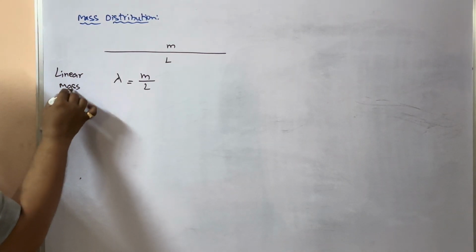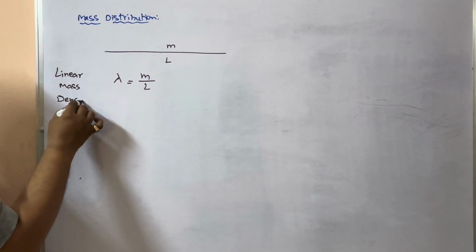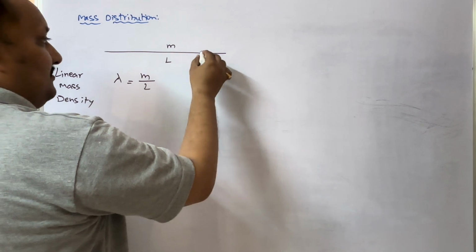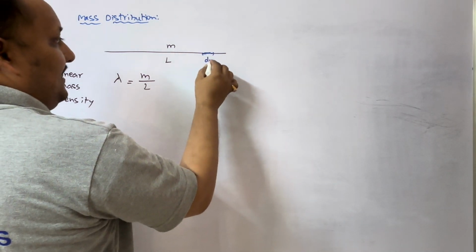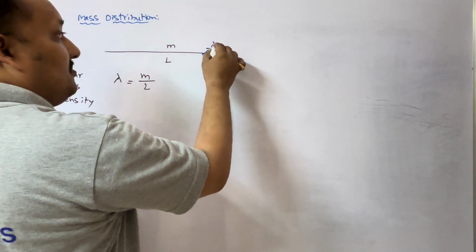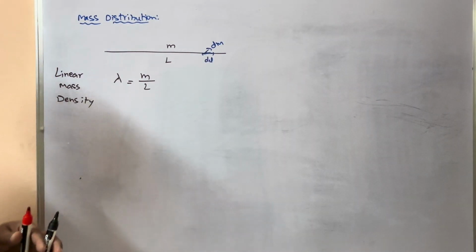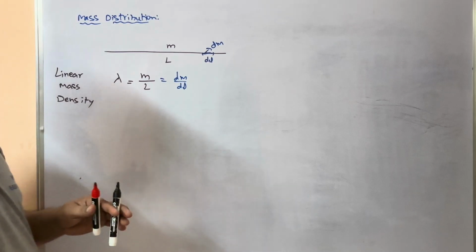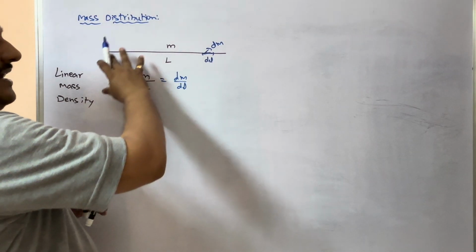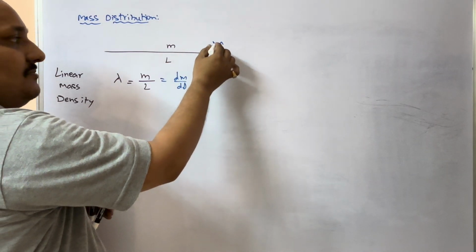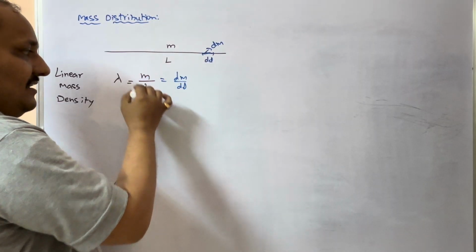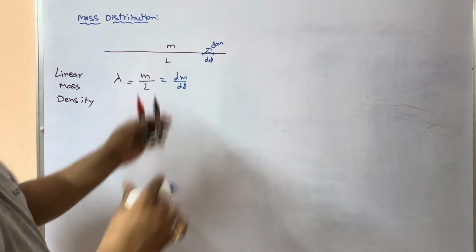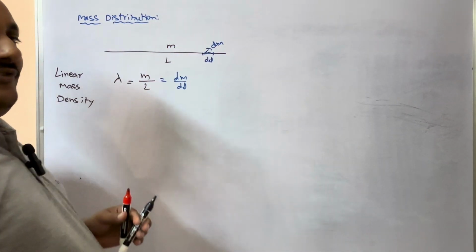If you are taking a small portion dl, a small amount of mass dm is there. So lambda equals dm by dl. If you want to calculate total mass, if they give a small amount of mass and small amount of length, this formula we are going to use, because lambda is the same for a small portion or a big portion.